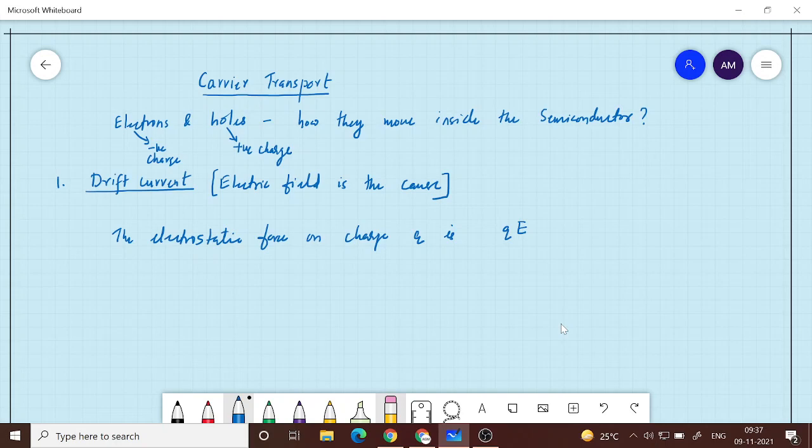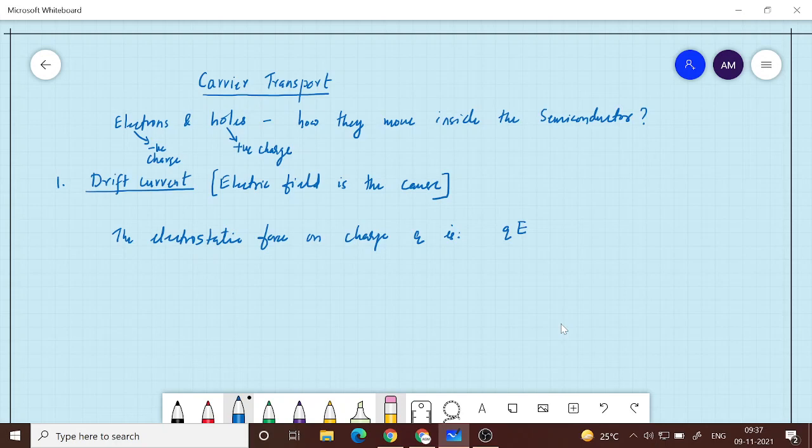In general the electric field is a vector, so we will assume that it is in a particular direction, and we are looking at the magnitude. E is the magnitude of the electric field in the direction of the field. So if Q is the charge, then the electrostatic force acting on that charge is Q into E.